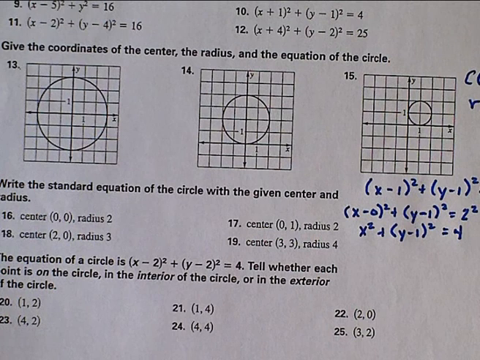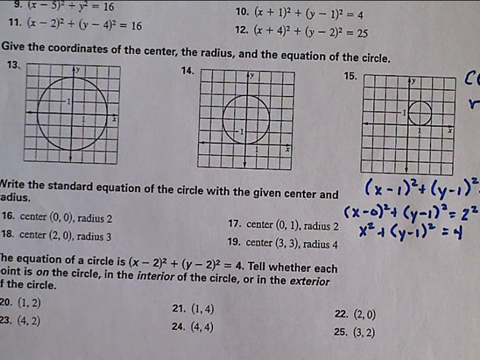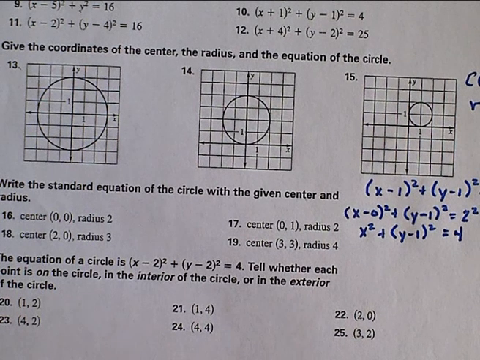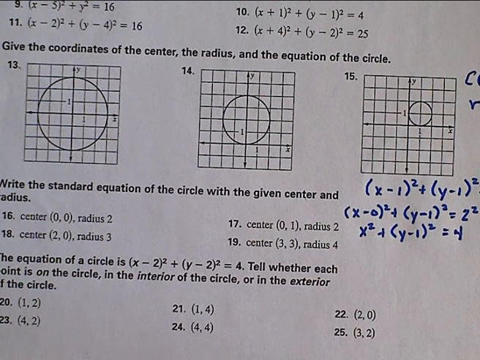Okay, if it equals 4. If it's greater than 4, it's going to be outside, or in the exterior of the circle. And then less than 4 means that it would lie in the interior of the circle.